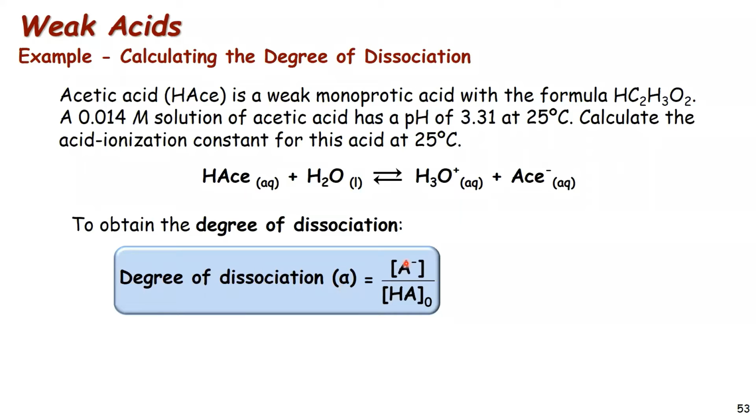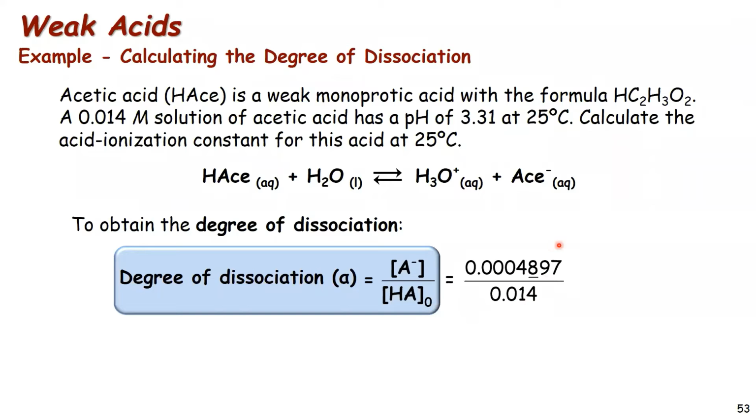And all it is is the concentration of the conjugate base in the case of an acid, so the conjugate base at equilibrium, divided by the initial concentration of the acid. Again, this is the concentration of the conjugate base at equilibrium, and then this is the initial concentration of the acid.